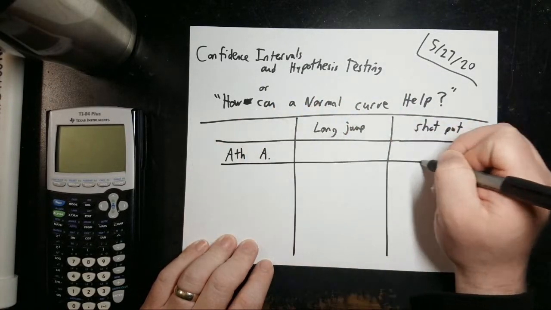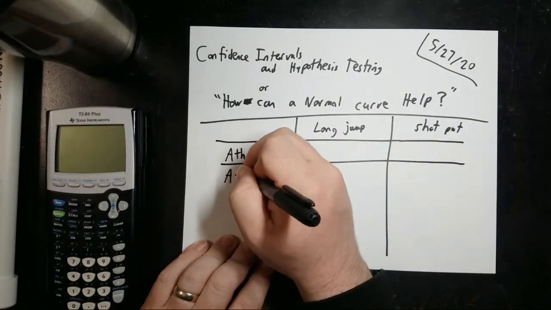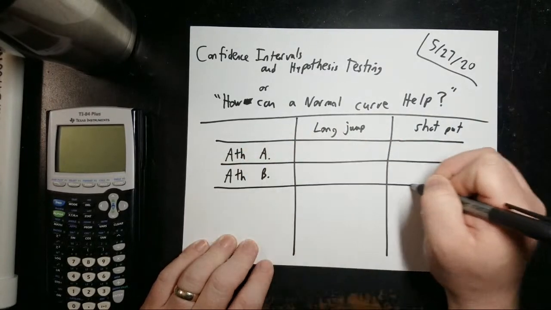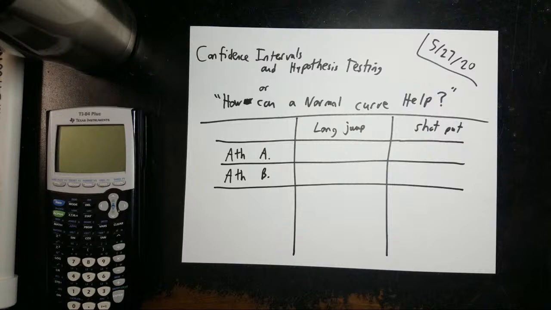Athlete A versus athlete B. Now, the main question for this example is, who is the better athlete? Is it athlete A or is it athlete B?